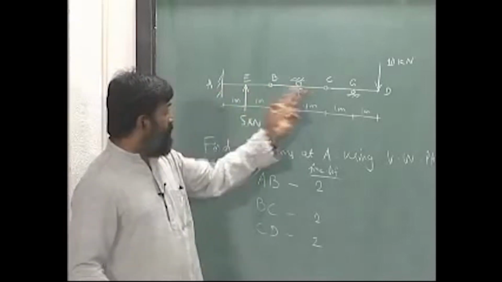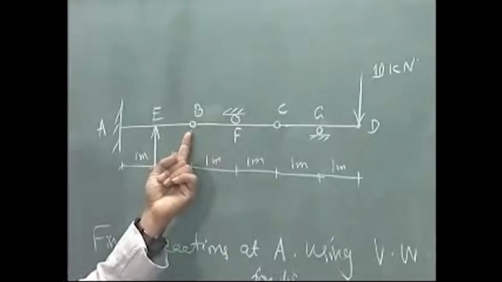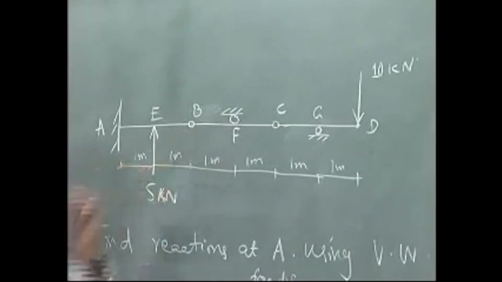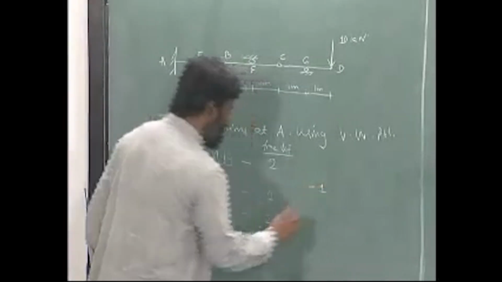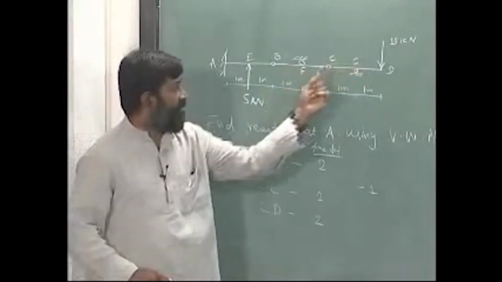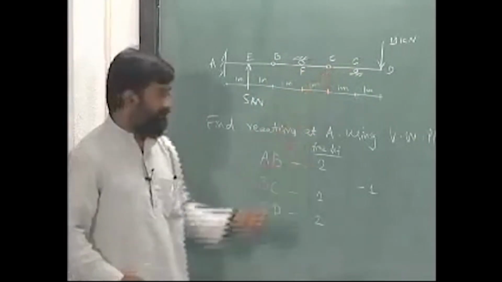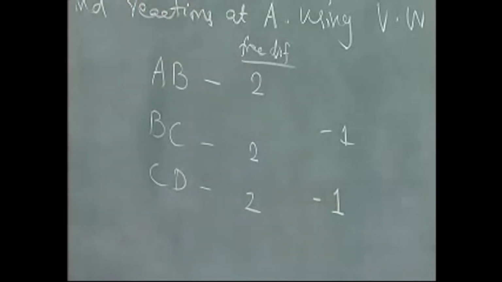For AB and BC together, there is one constraint that is offered at B, right. So I have a -1 between AB and BC. Between BC and CD, another constraint is in the form of hinges there, so one more is gone, alright.